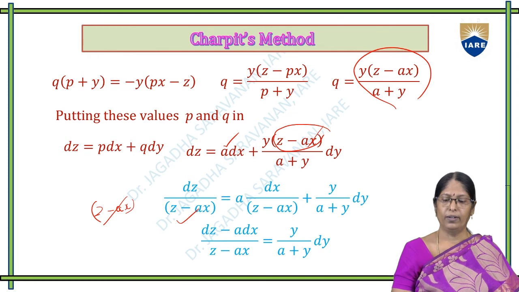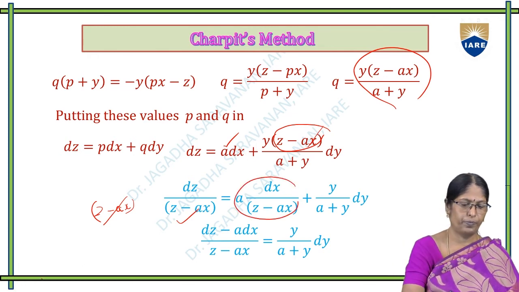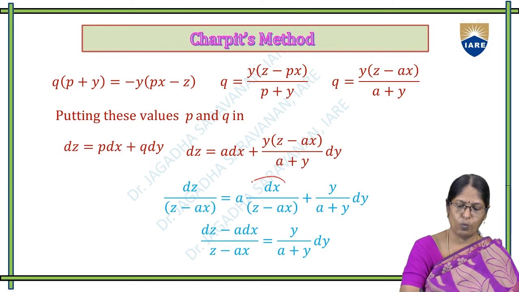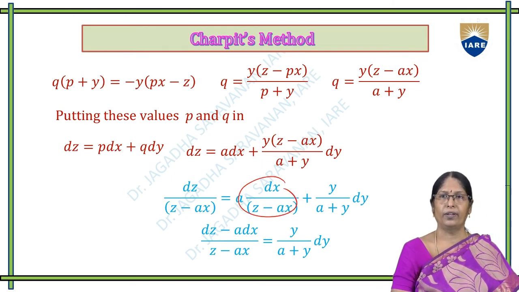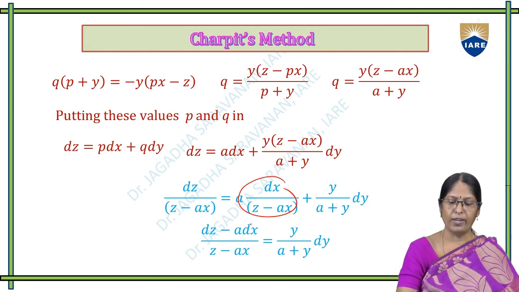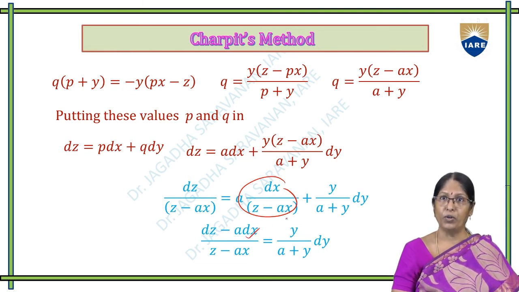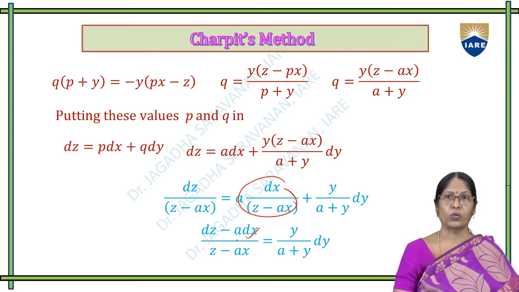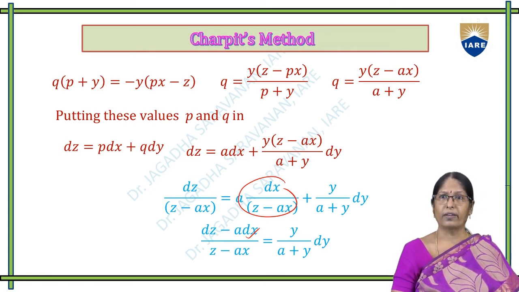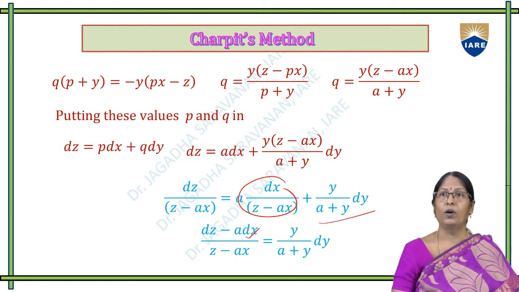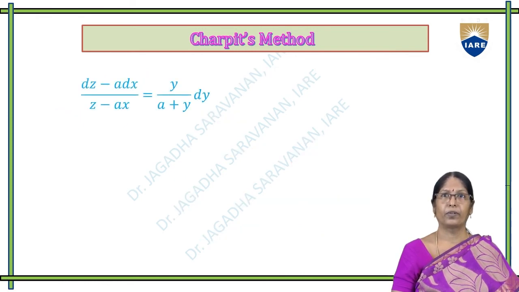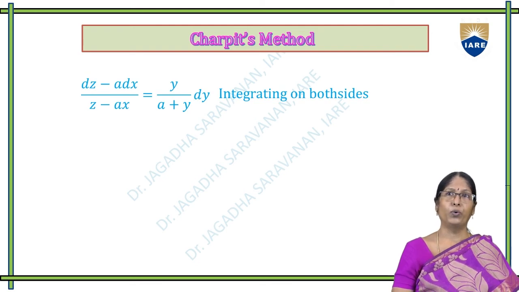The next one, this circled term, we are pushing to the left side. Then dz minus a dx is the numerator. The denominator is common, z minus ax, which is equal to, here there is no change at all, y divided by a plus y dy. Now we are going to do integration on both the sides.